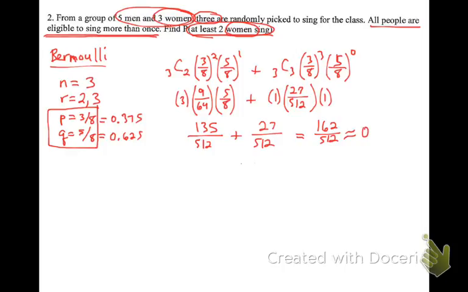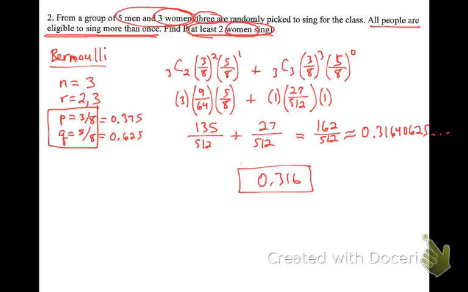And that should give you 0.31640625, dot, dot, dot. Hey, look at that. I can go in the black region. That's kind of cool. Alright. So to the nearest thousandth, 0.316.